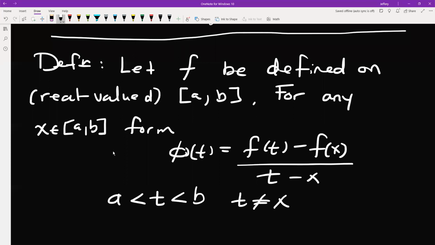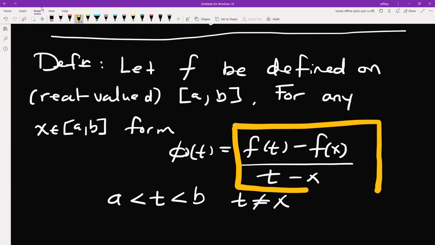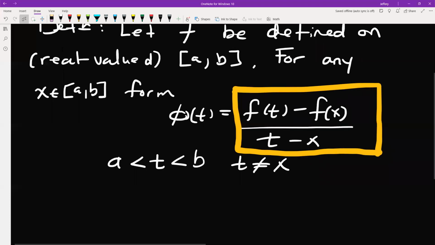We haven't taken the limit yet, but right here you might recognize this as your good old-fashioned slope formula. If I drew a line from f of x to f of t, then this would be the slope of that line, which would also be the average value. You probably remember that from calculus.